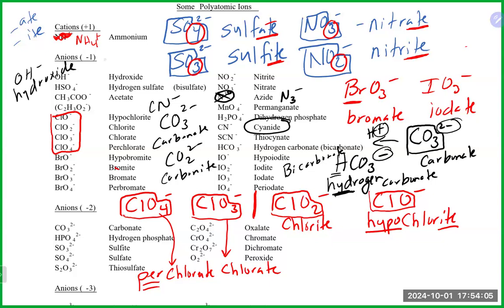We have our phosphate, PO4 3 minus. PO3 3 minus would be phosphite. Again, just basically knowing if you drop down an oxygen, it ends in ITE, or if you start with phosphite and add an oxygen, it ends in ATE. So you could kind of adjust some of it.